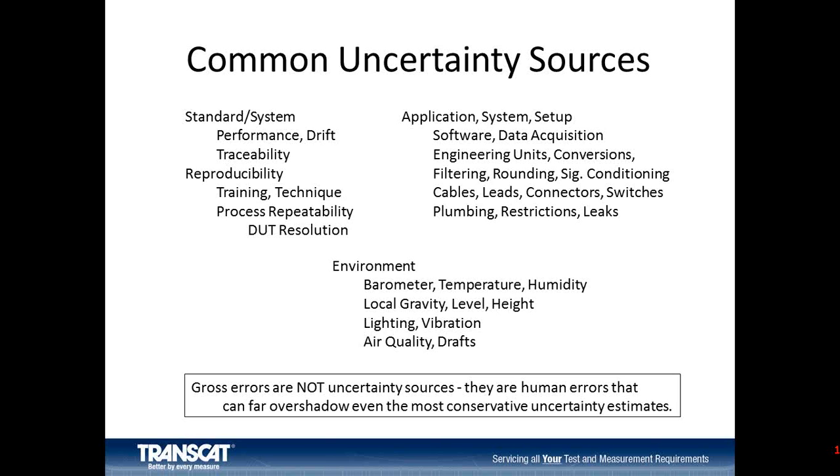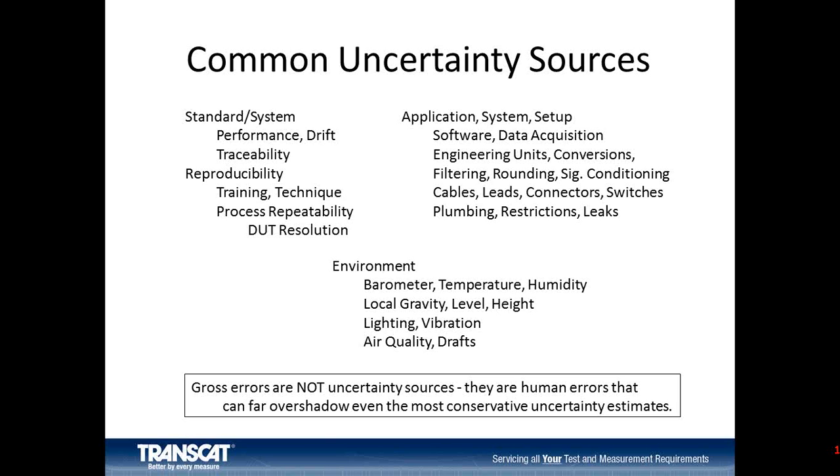If you don't use the right conversion factor, there can be an error. Filtering and signal conditioning can lead to complications as well. And then down below, a group labeled as environmental influences. Some instrumentation is largely immune to common environmental changes. Other instruments, the deadweight tester, for example, are very highly dependent on the environment.